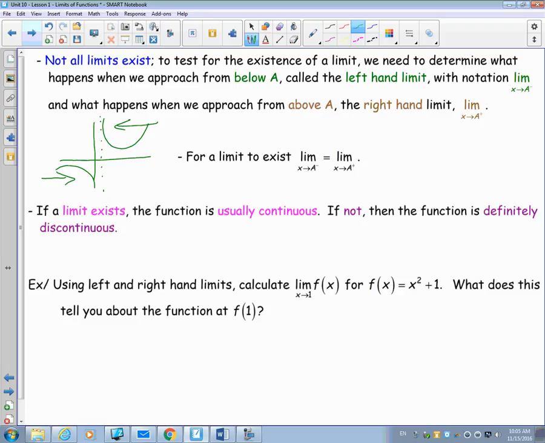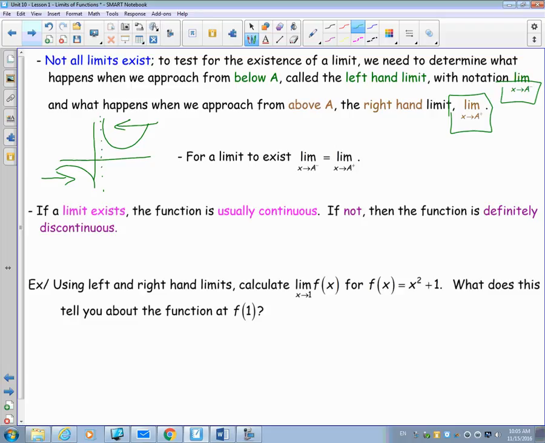For left-hand limits, we say x approaches a from the negative side, so a minus. It's not necessarily a negative number, but from the negative direction. The right-hand limit, x approaches a from the positive side, so a plus. Again, it just means we're approaching from the right-hand side.